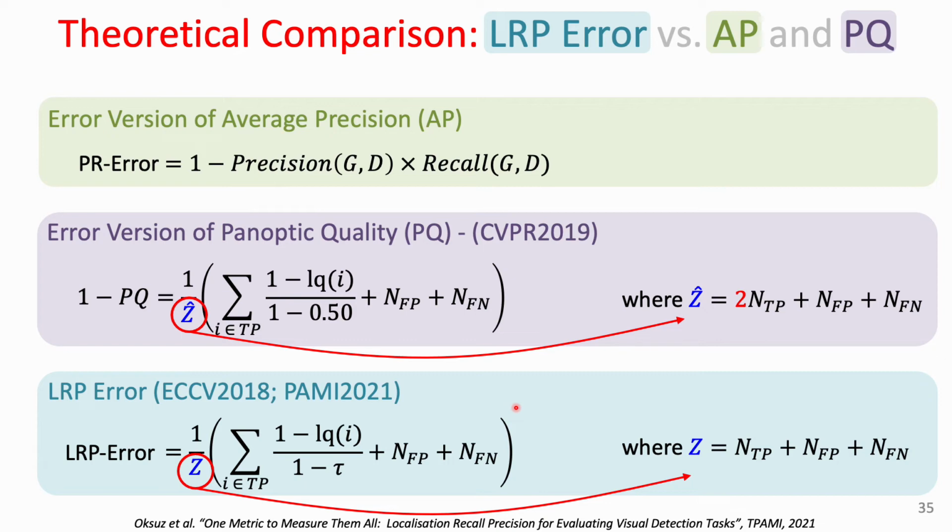One part is that the normalization constant has a multiplier in front of the number of true positives for PQ error, and this favors the number of true positives more than it does the number of false positives and the number of false negatives. The second difference is with respect to the localization quality. In PQ error, localization quality is normalized with respect to a constant localization threshold, whereas in LRP error, this is a hyperparameter.